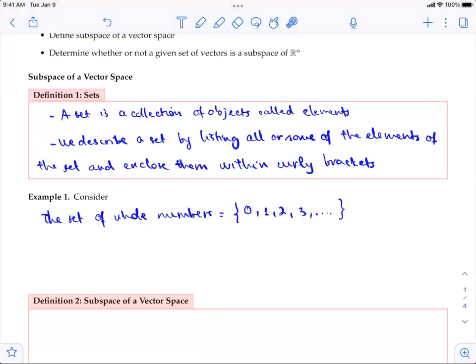We can write the set of integers as dot, dot, dot, -3, -2, -1, 0, 1, 2, 3, and so on and so forth. This is also an infinite sequence of numbers, but these are just integers.